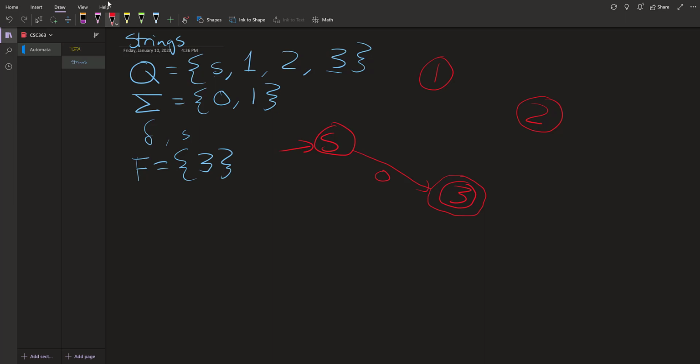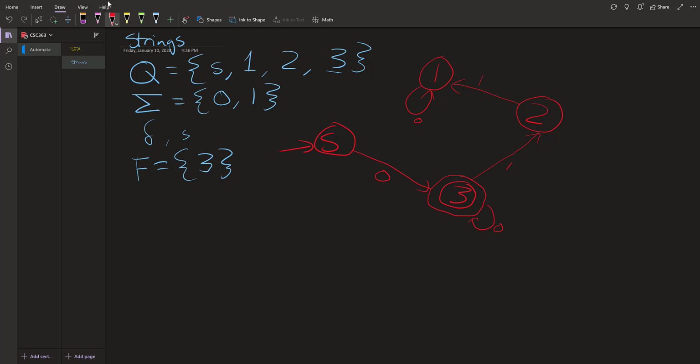Then we read 1, we go to 2, and then we read 0, we stay at 3. Yeah, and then we read another 1. Let's say we go to 1, and then we read 0.